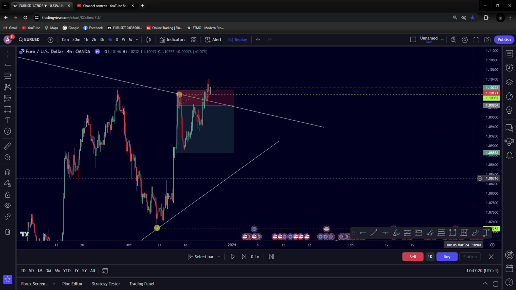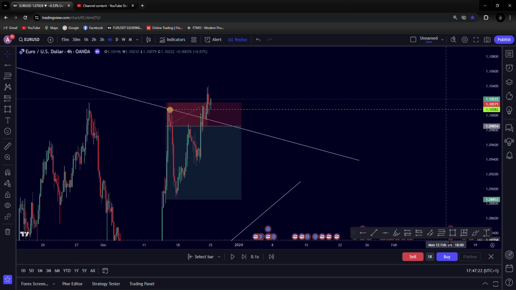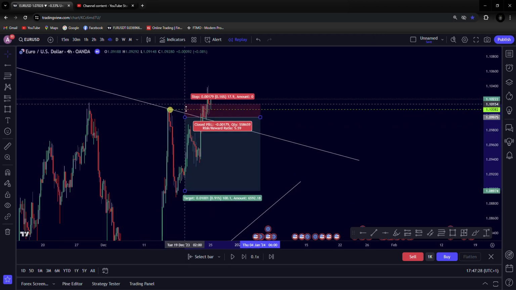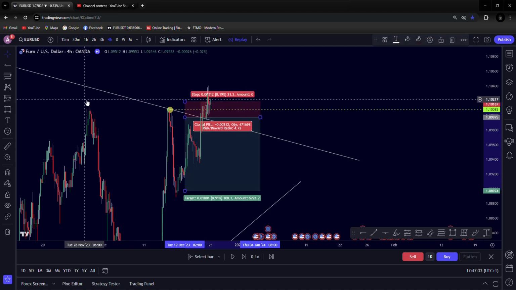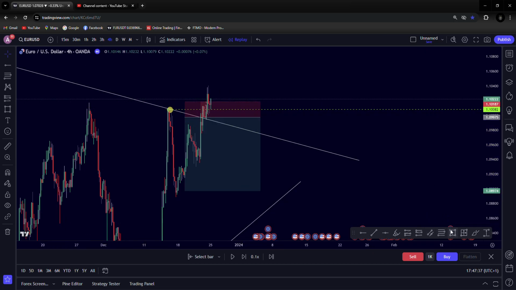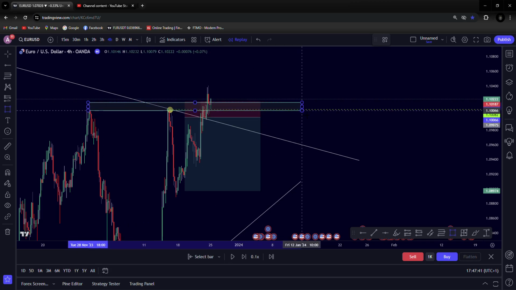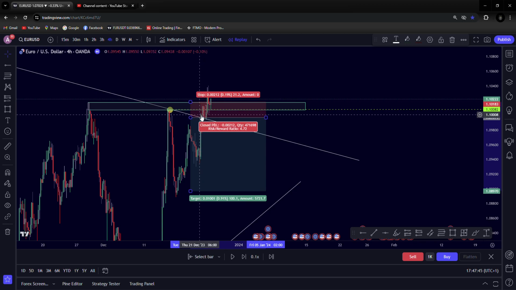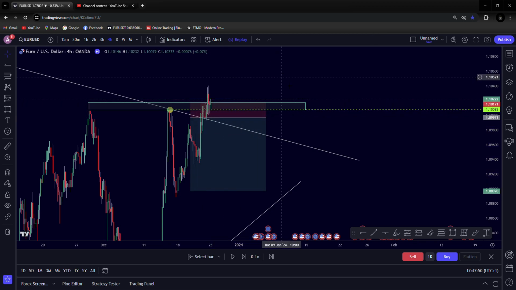Okay, they entered on the trend line touch with a stop loss just above the very last high, or even this one. Yeah, because like I said, all this zone now, because this high hasn't been taken before, it's full of liquidity, and probably their entry price was just the touch on the trend line and the stop loss just above the last high.